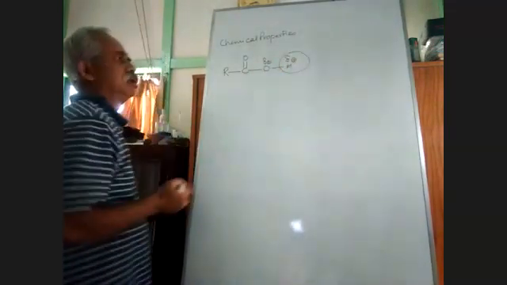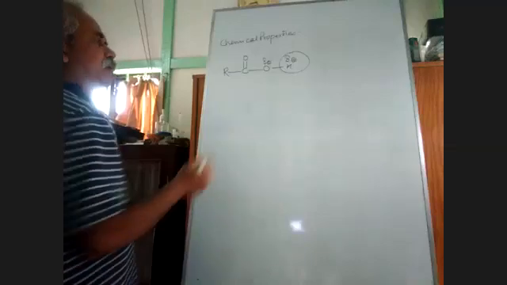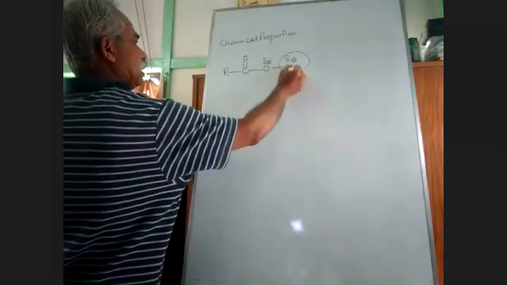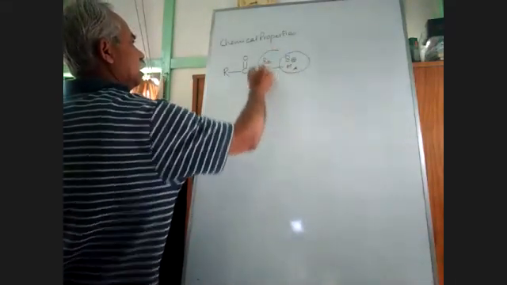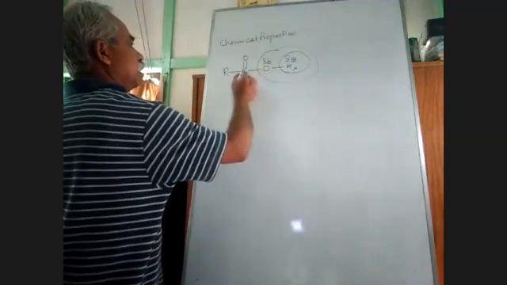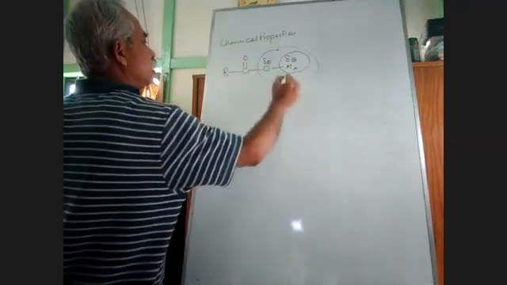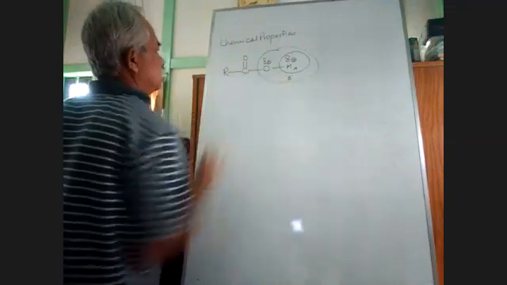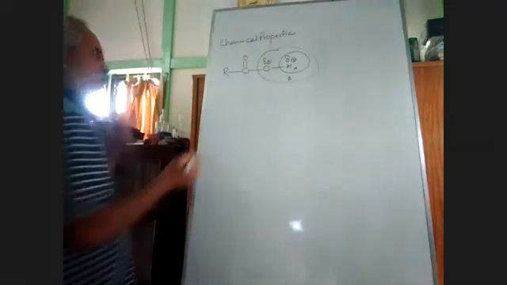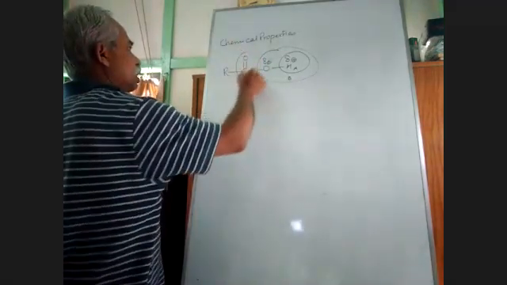So you will have property A. Then property due to the breaking of the carbon oxygen single bond, this is B. What is the third one?